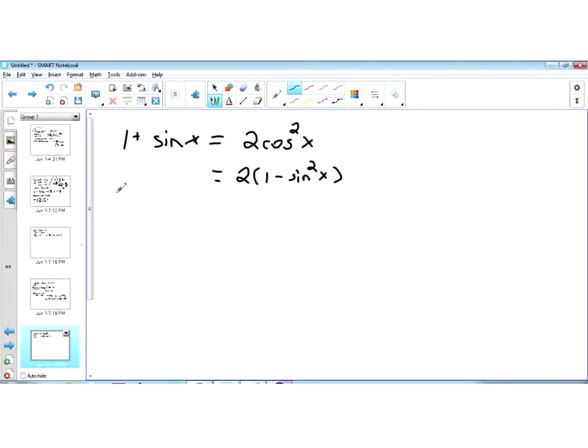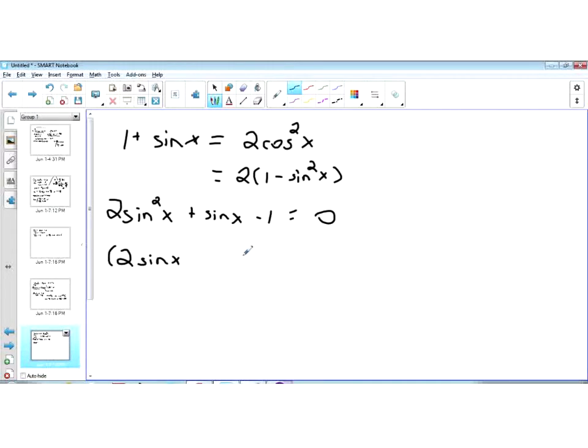All right, so now we can formulate a quadratic expression in sine. So we have 2 sine squared x plus sine x, and then subtracting 2 from both sides, minus 1 is equal to 0. So it's quadratic in sine, so now we can factor it, probably.